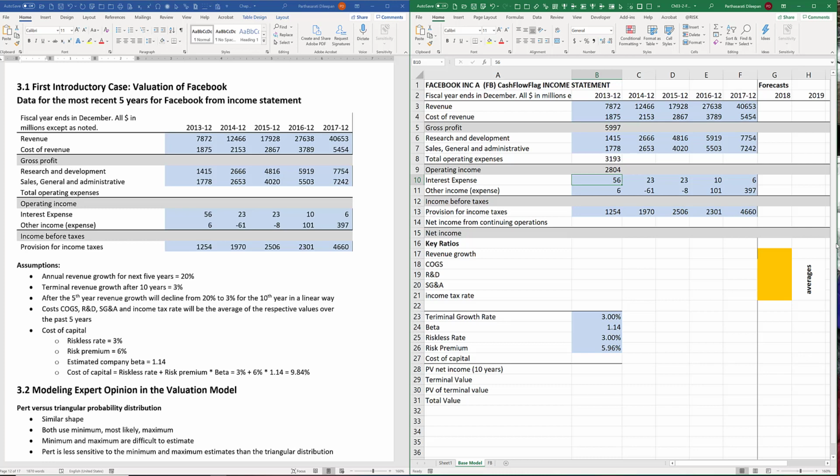So then income before taxes will be operating income, then we subtract interest expense and add other income. So the net income from continuing operations then is income before taxes minus provision for taxes, and that is our net income. So let's go ahead and finish that up for the rest of the years.